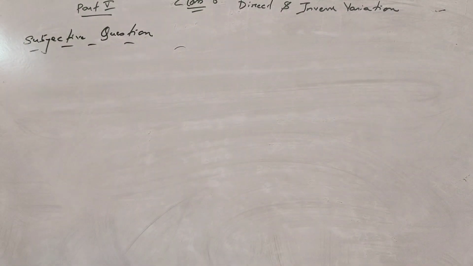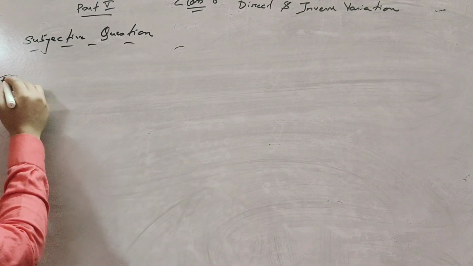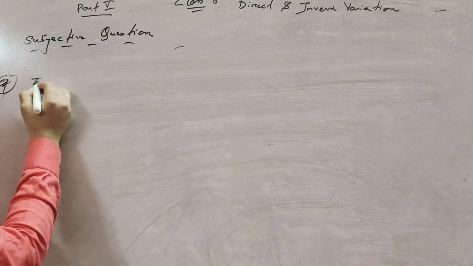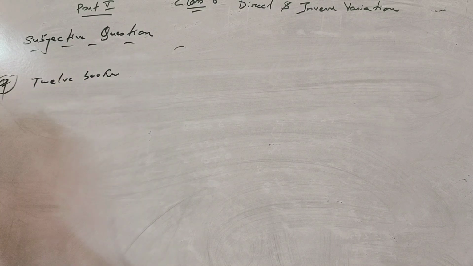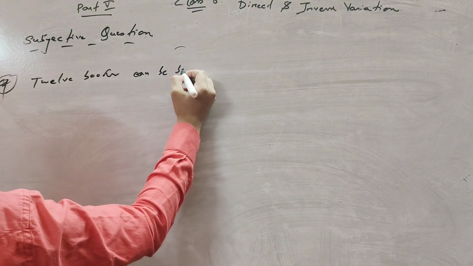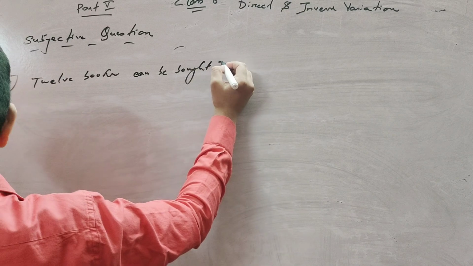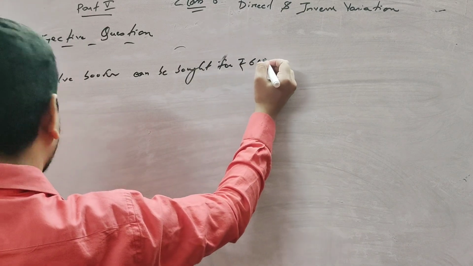Question number 9. 12 books can be bought for rupees 600.